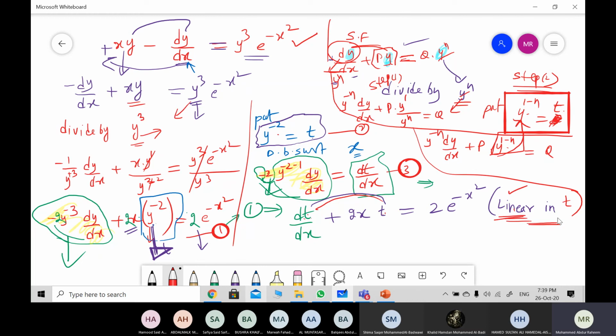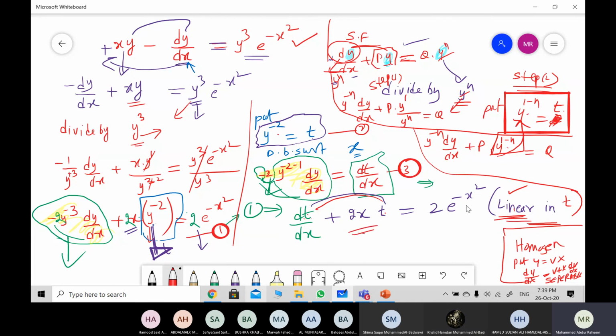Linear in t. Do you remember? Every homogeneous differential equation, after we put y equals vx, dy over dx is v plus x dv over dx, it becomes what? Separable. Like that, every Bernoulli will become linear.